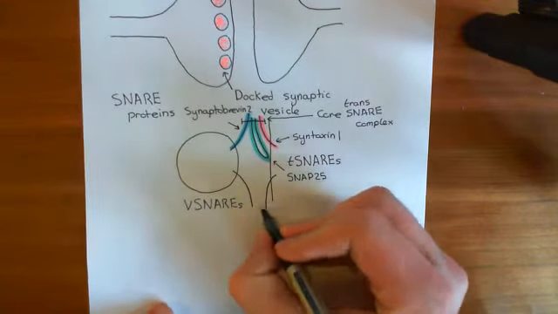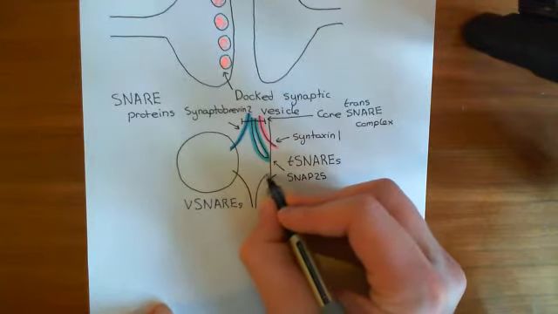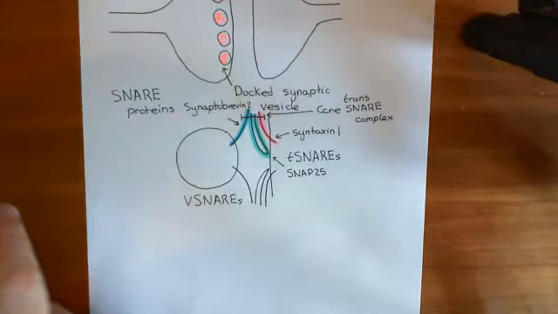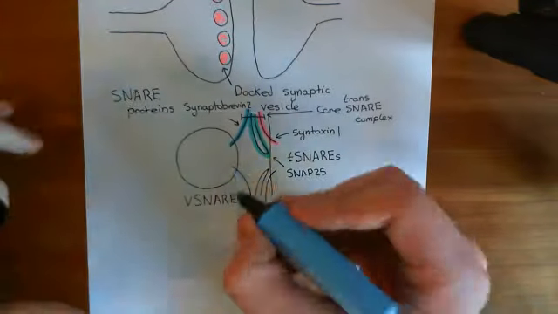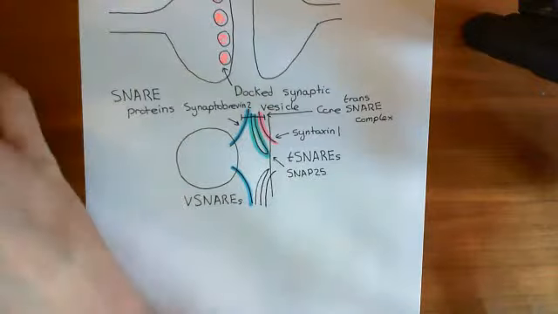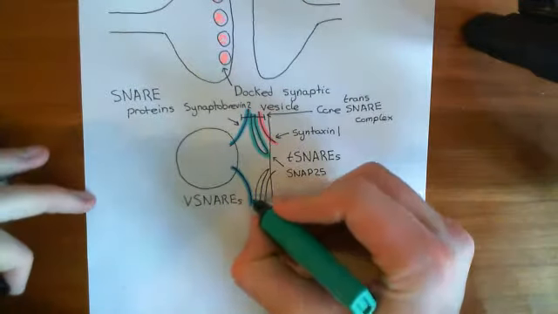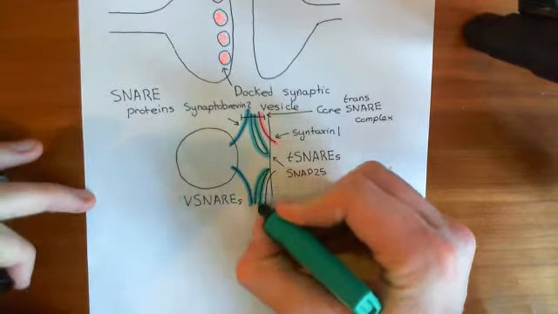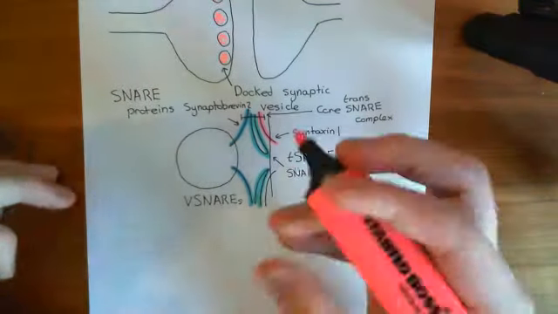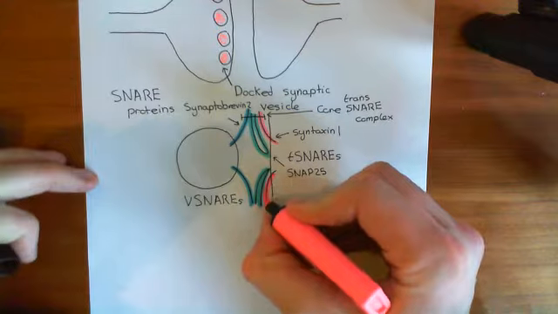Now, you don't just form one of these trans-core snare complexes. Instead, you form multiple of them. So here is another trans-core snare complex here. So in blue, we have another synaptobrevin 2 protein. Okay. In turquoise, we have another SNAP25 protein here. And then in pink, we have a Syntaxin 1 protein here.